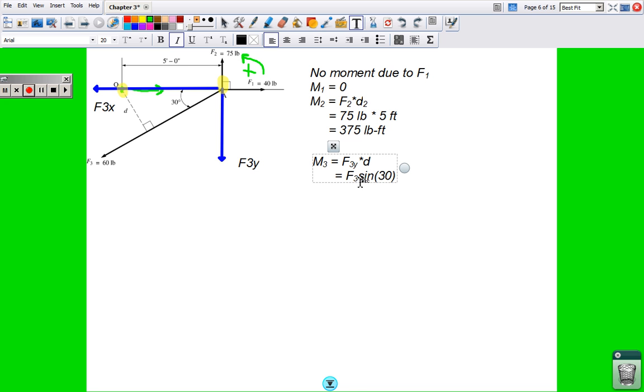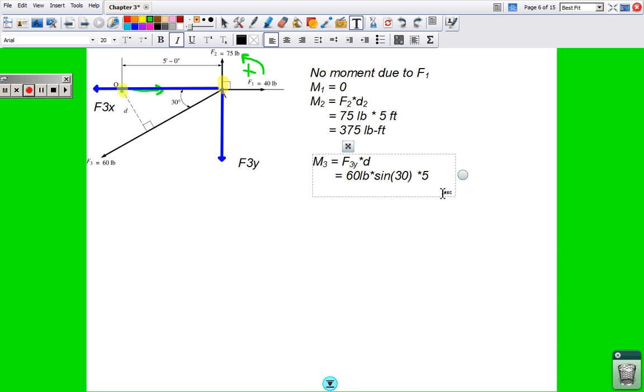Let's just go ahead and plug in the number for F3 too. It's 60 pounds. And all of this times D. And that D is the 5 feet again, because the distance from here to here is 5 feet, the moment of rotation.